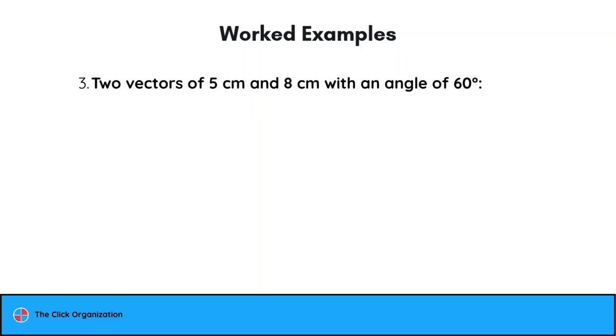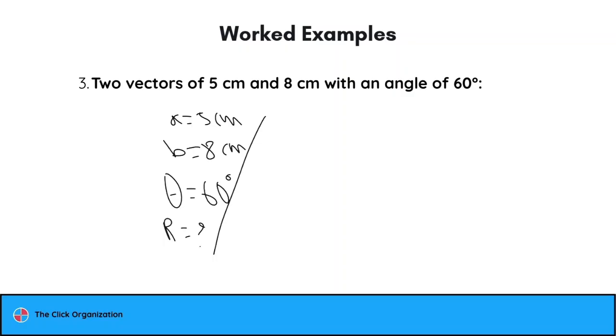Okay, so for problem 3, two vectors of 5 centimeters and 8 centimeters with an angle of 60 degrees. We are given a equals 5 centimeters, b is 8 centimeters, and theta is 60 degrees, and we must find the resultant.